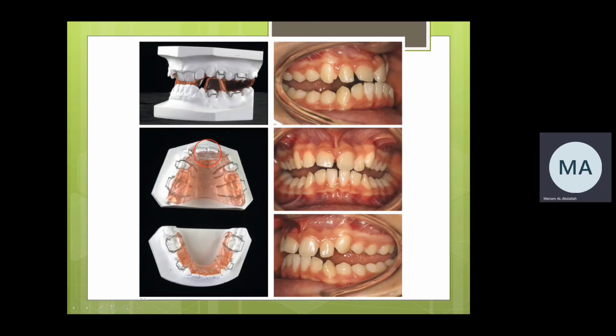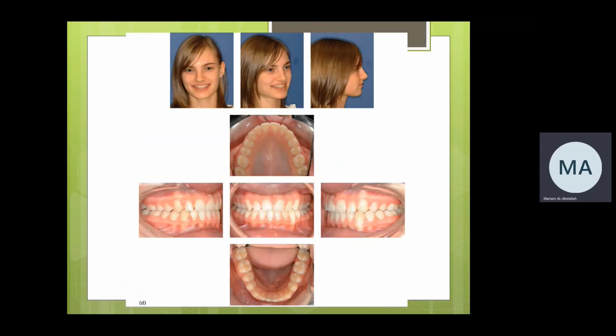A twin block appliance was used, and this is the double cantilever that was added to the twin block as a modification in order to push the central incisors forward. As you can see, this is the classical posterior open bite when you use a twin block with patients with good compliance, and this is the patient at the end of the fixed appliance treatment.